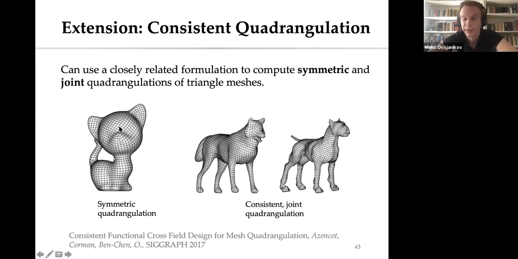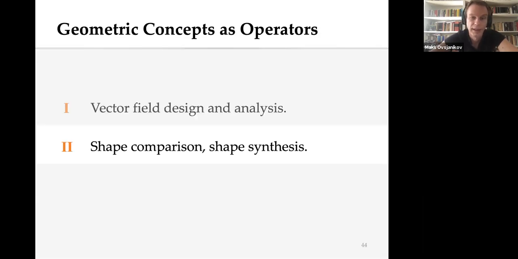And this is all based on these algebraic properties between vector fields and mappings. So that was one nice thing of representing vector fields as linear operators.